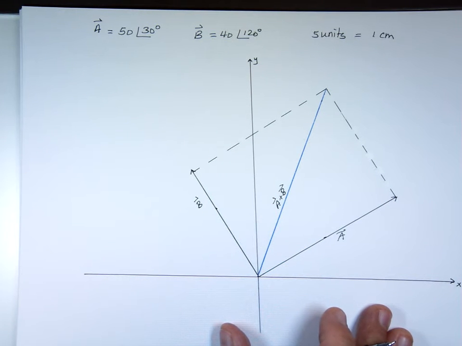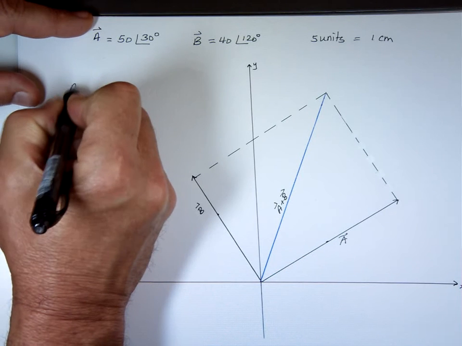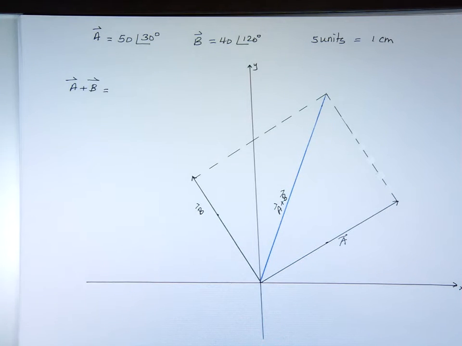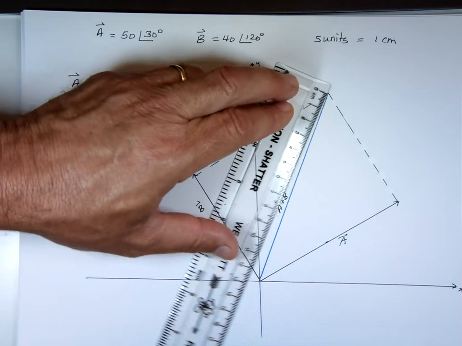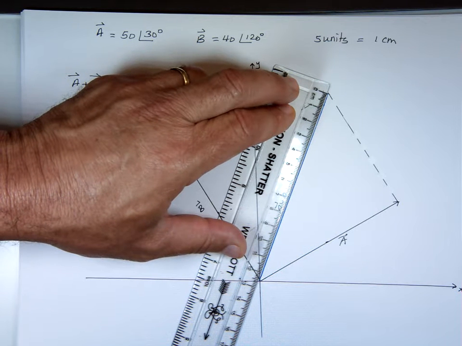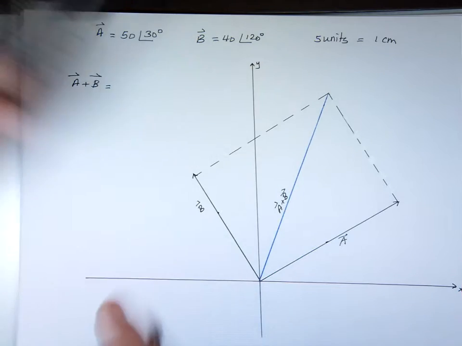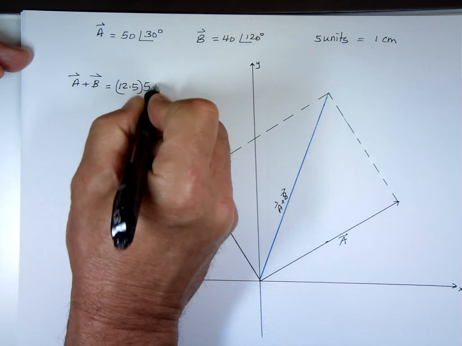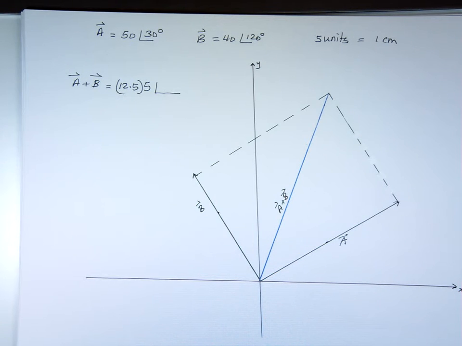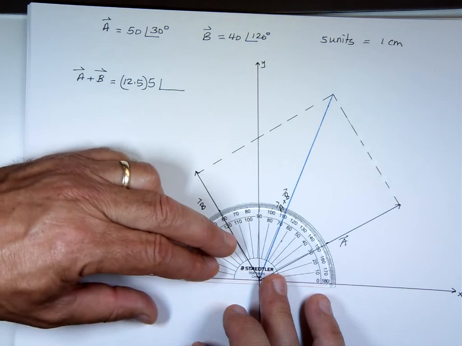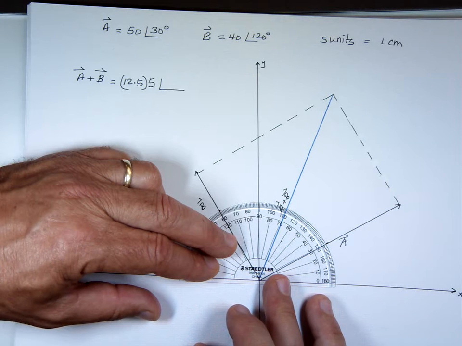So you measure the length of it, you measure the angle, and you have your answer. So A plus B is equal to, let's measure the length of that. I got 12 and a half, or 12.4. So 12.5 times my scale, which is 5. And the angle is going to be, where's my protractor? I got about 69 with this one.